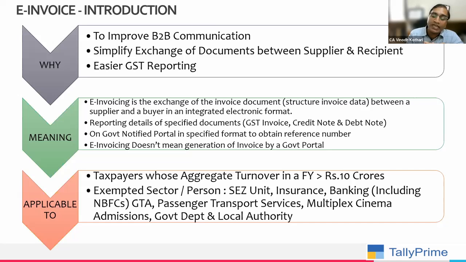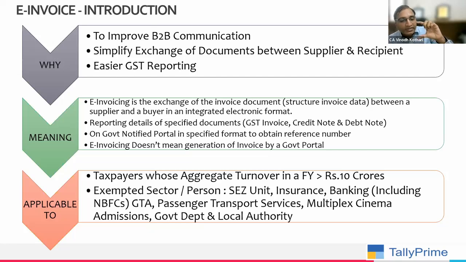So you have to be careful that your aggregate turnover will include the non-GST turnover, non-GST supply also. Now coming to exempted turnover. Exempted turnover includes your exempted supply, your nil rated supply, and the non-GST supply.